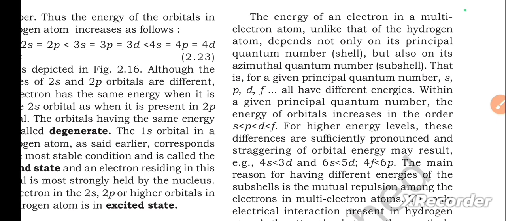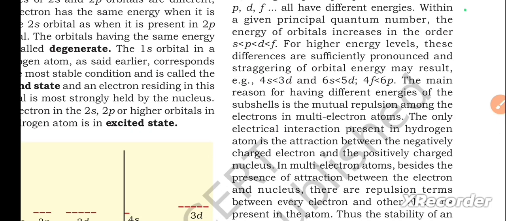Within a given principal quantum number, the energy of orbitals increases in the order s smaller than p, smaller than d, smaller than f. For higher energy levels, these differences are sufficiently pronounced and staggering of orbital energy may result. Example, 4s smaller than 3d, 6s smaller than 5d, 4f smaller than 6p.